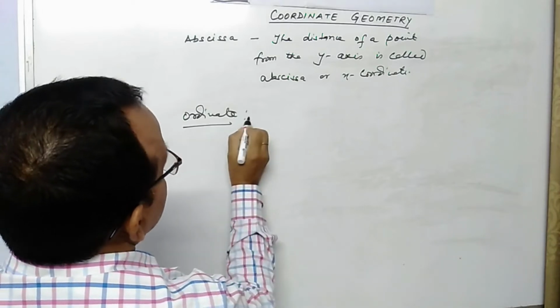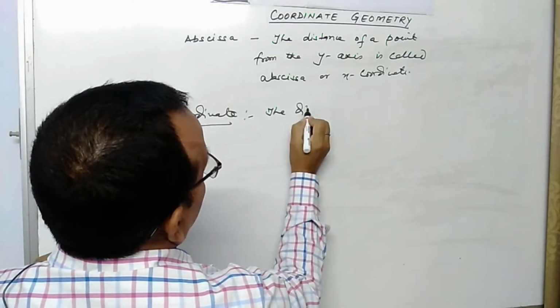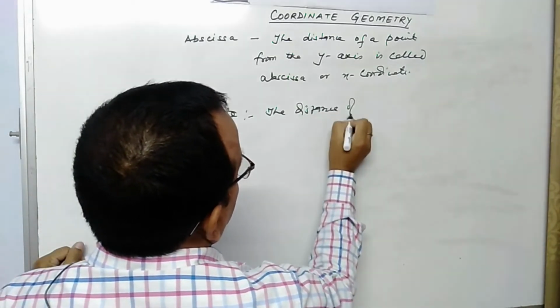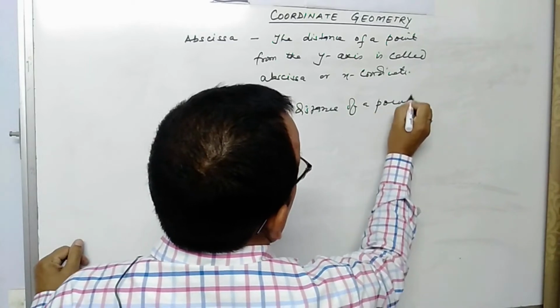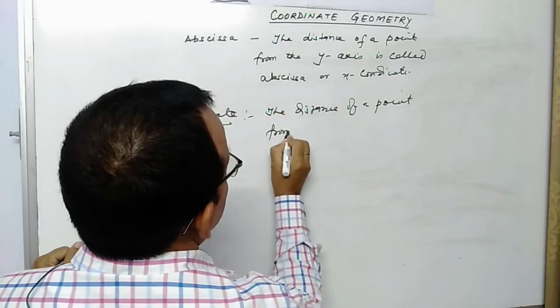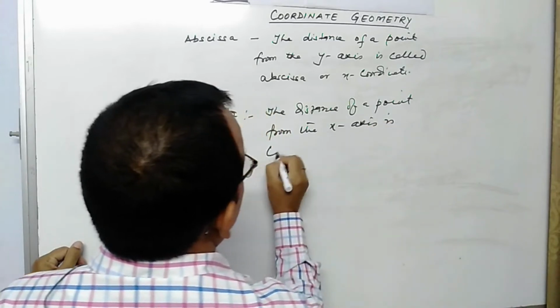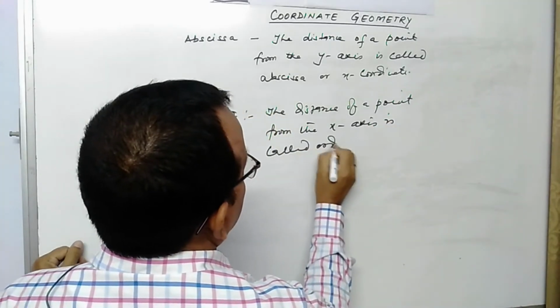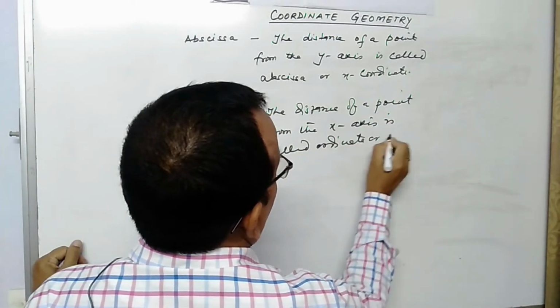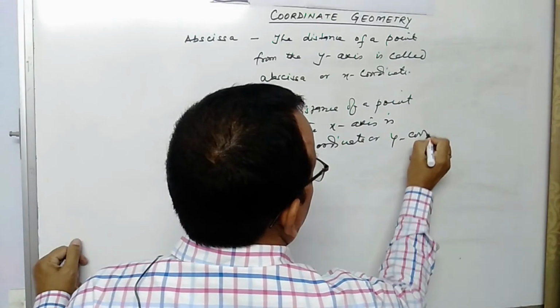Both are related terms. The distance of a point from the x-axis is called ordinate or y coordinate.